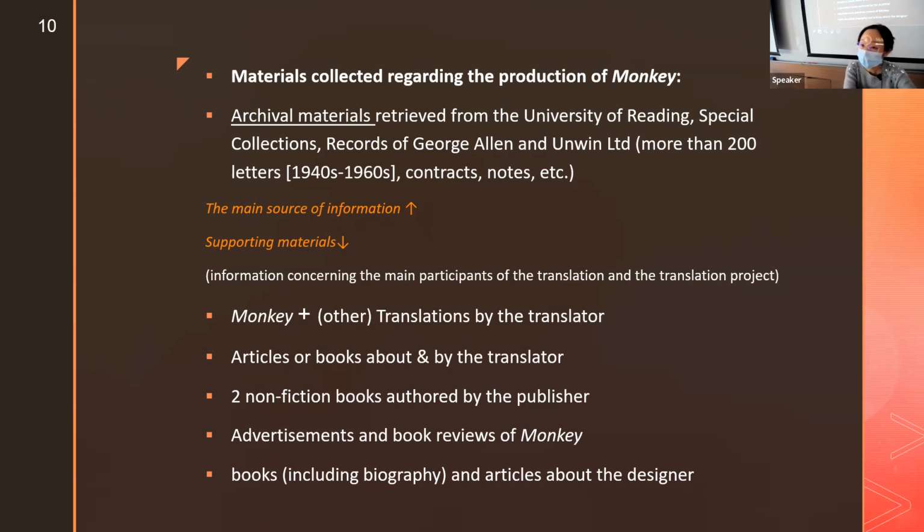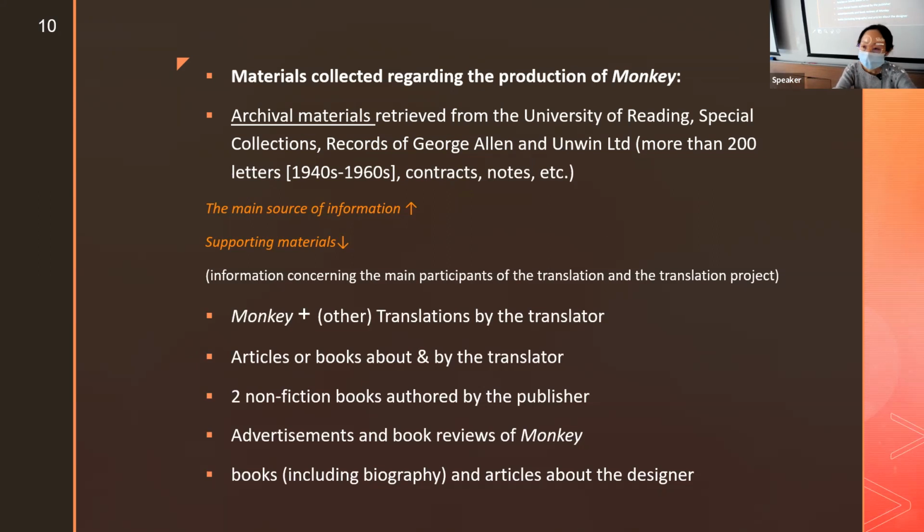And this group of materials evidences much of the publicity campaign for Monkey, which was an important and integral part of the translation project. However, this part was not recorded in the archival records of George Allen and Unwin. So it is very important.